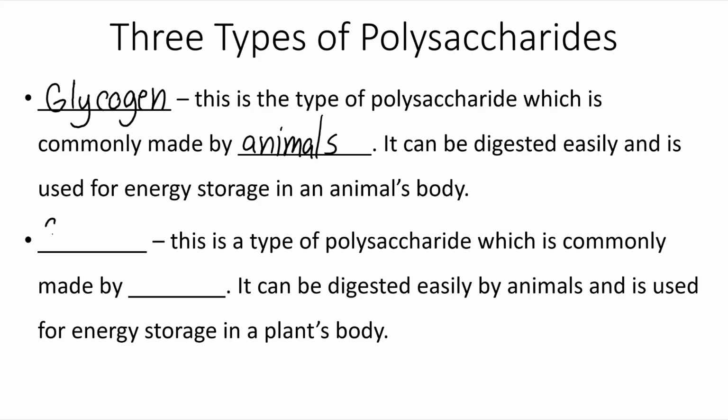Now, a very similar polysaccharide to this is starch. But starch is a polysaccharide that's made by plants. In the same way, the purpose of starch is that it can be temporary energy storage for the plant, but also for any animals that happen to eat that plant or plant material.